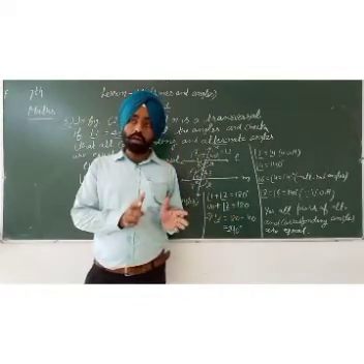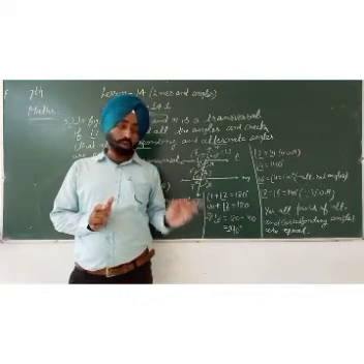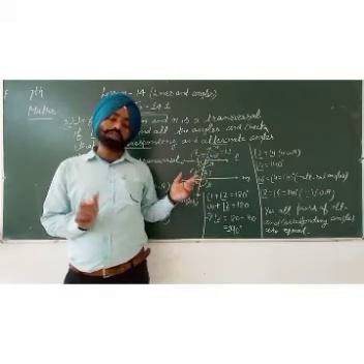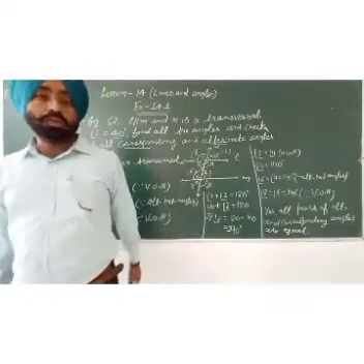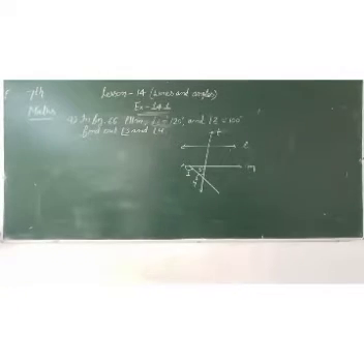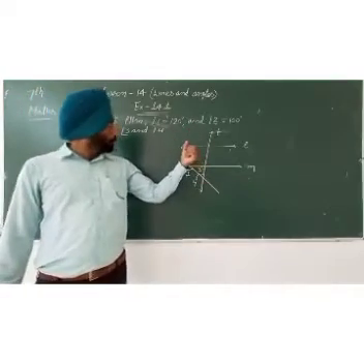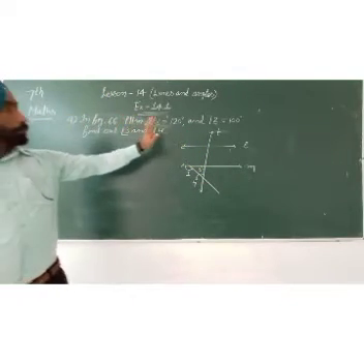If lines are parallel, then alternate angles and corresponding angles are equal, and the sum of the interior angles on the same side of the transversal is equal to 180. In that way you can easily solve the first type of questions. In the first type, some complicated question, Question 9. L is parallel to M.